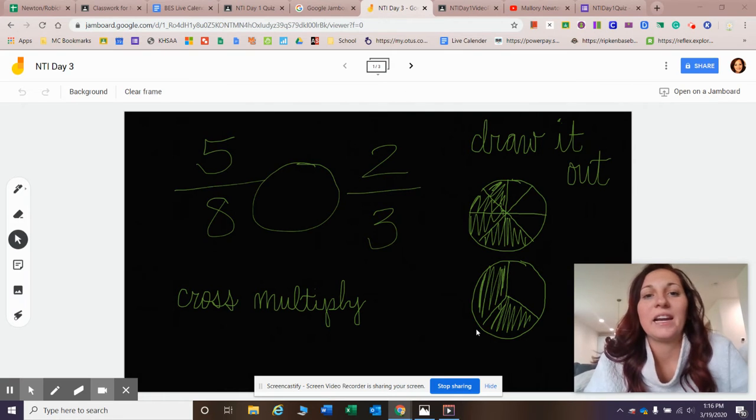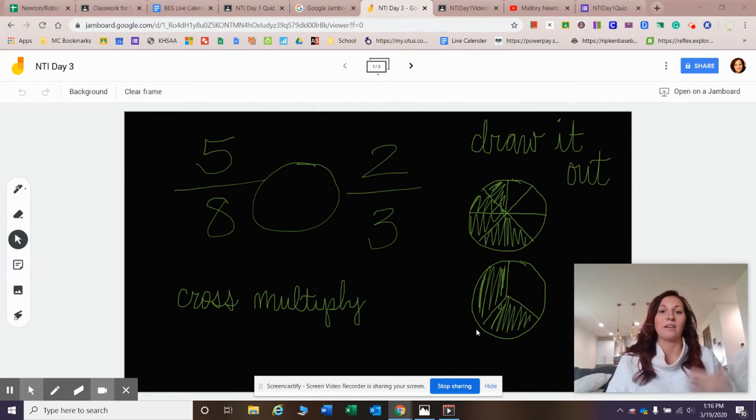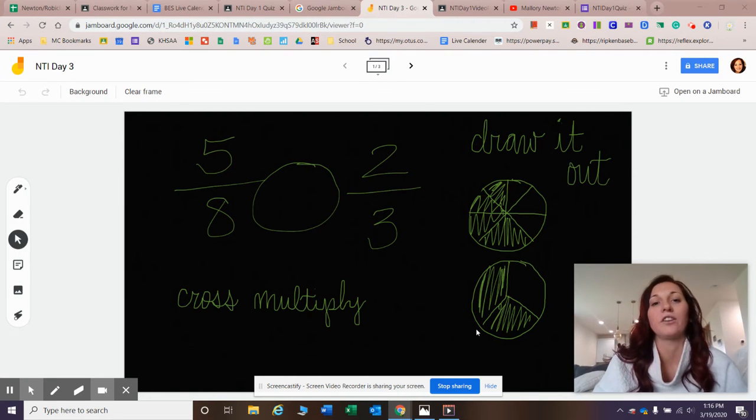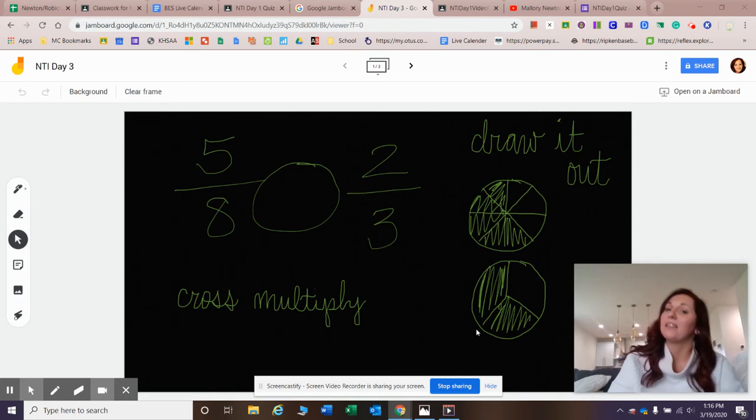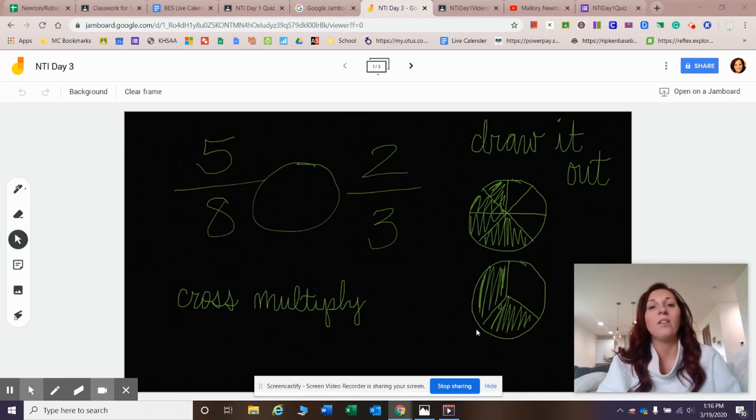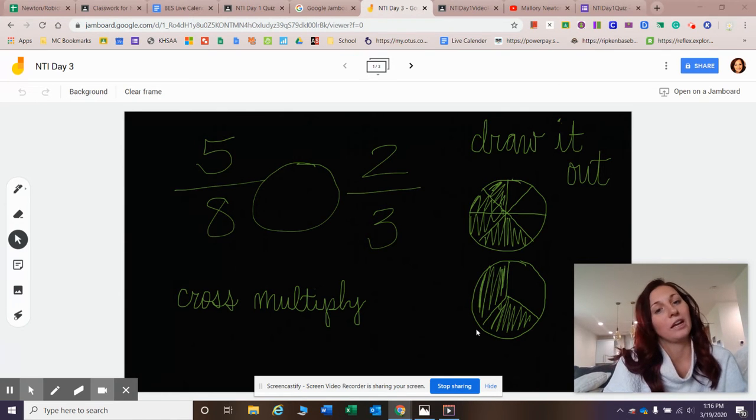All right, so let's go ahead and get started. We've been talking about comparing fractions. Yesterday we looked at comparing fractions with unlike numerators and unlike denominators. I noticed that the fraction of you who did well was lower yesterday than the day before, which tells me that you know how to compare fractions with like numerators and like denominators, but you struggle with unlike numerators and unlike denominators.